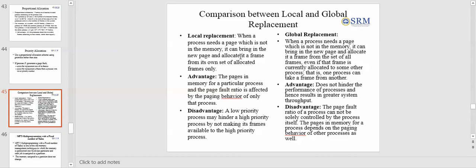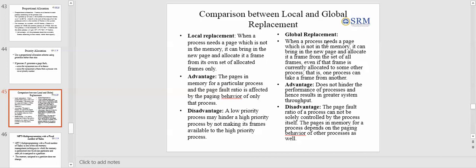Whereas global replacement will bring in all the pages, but the frames used can be those allocated to some other process also. That is the basic difference between local and global replacement. Local replacement: when a process needs a page which is not in the memory, it can bring in the new page and allocate it a frame from its own set of allocated frames only.